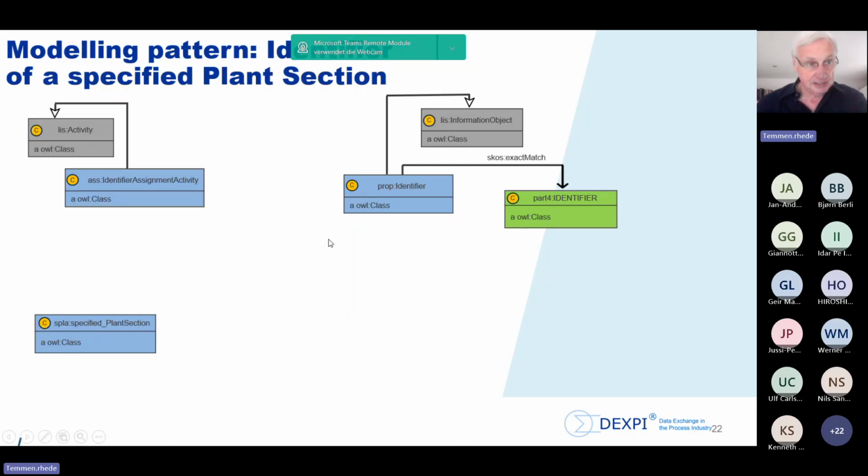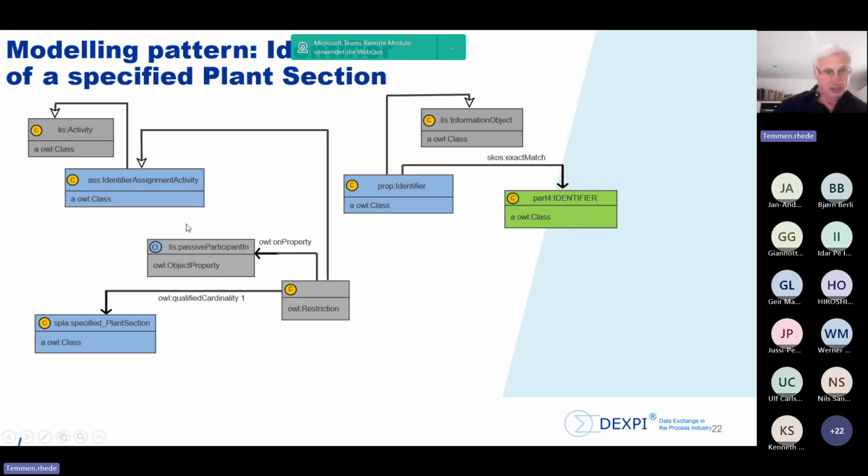And then we need an additional class definition, identifier assignment activity, and this one is modeled as activity. And then we have a restriction defined that this activity could be used and should be used one time to relate this activity to this plant section.